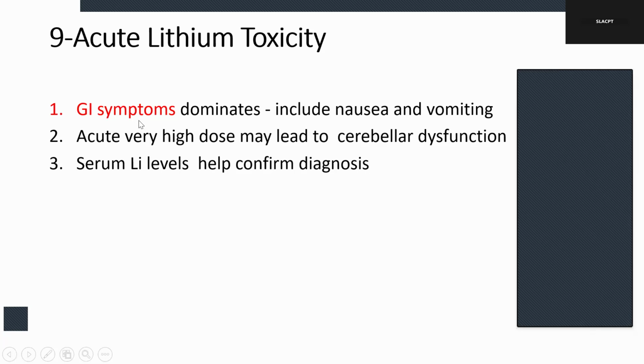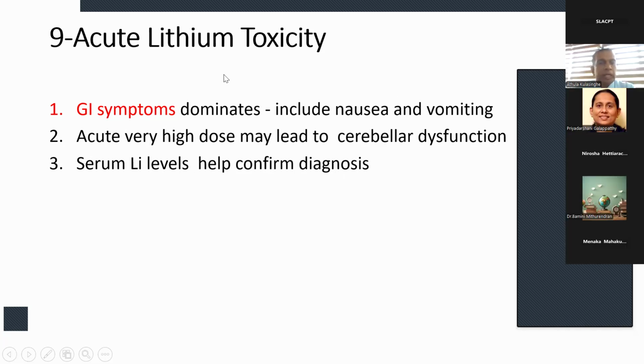This kind of patient develops GI symptoms as the dominant physical signs. That means they experience nausea and vomiting, because lithium is GI toxic. It disrupts the GI cells through various mechanisms and induces vomiting and nausea, maybe diarrhea as well. So the patients are at high risk of fluid loss and metabolic derangement. So this is acute lithium toxicity.